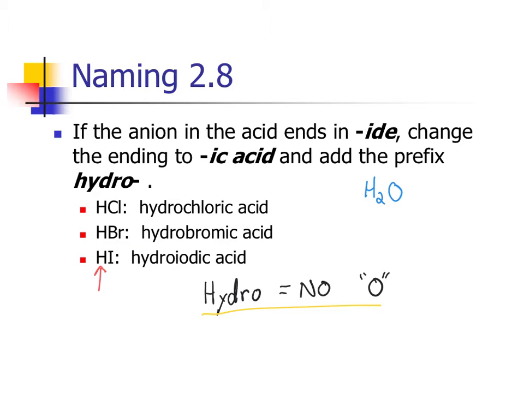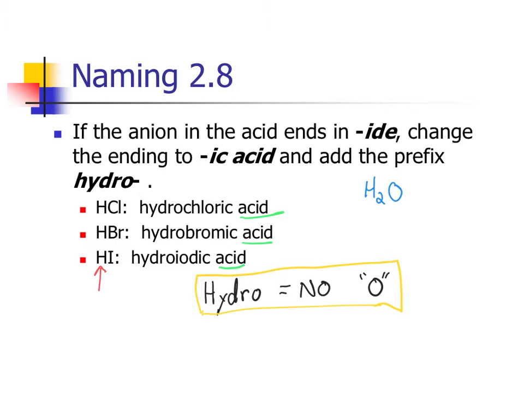When we name them, we have to have the word acid at the end of it. And ultimately, knowing hydro means no O is, I think, one of the best ways to remember: when you have a compound that has no oxygen and starts with a hydrogen, that means it's a hydro, because you can have a hydrosulfuric acid.